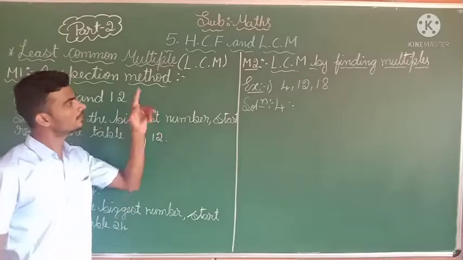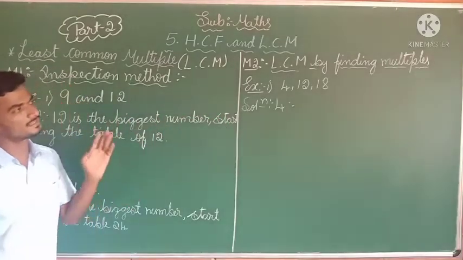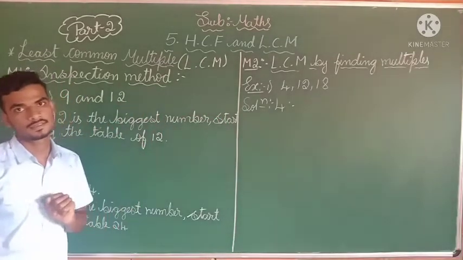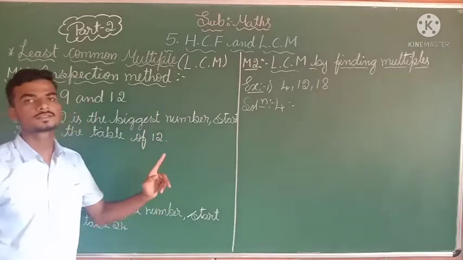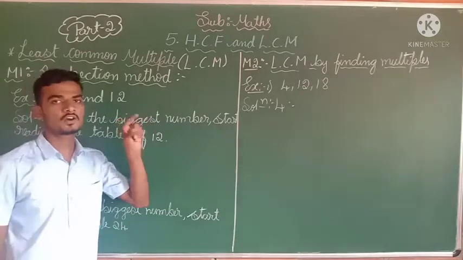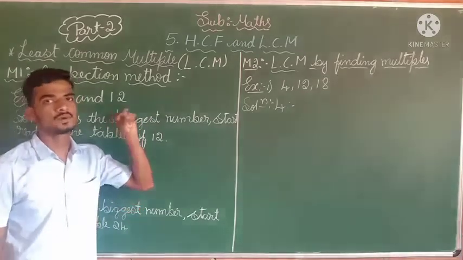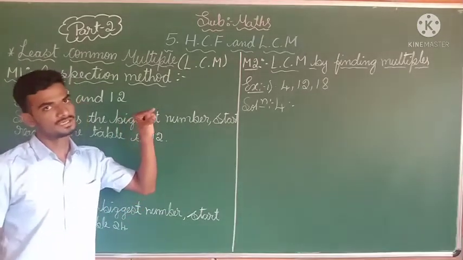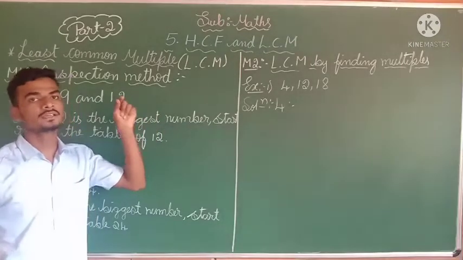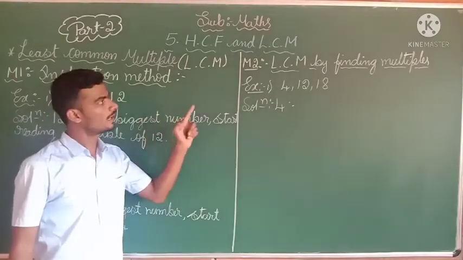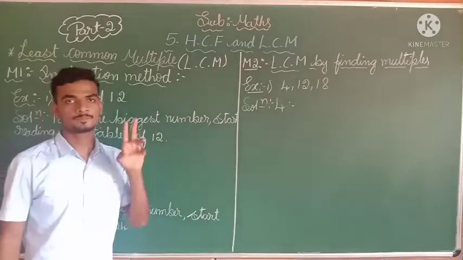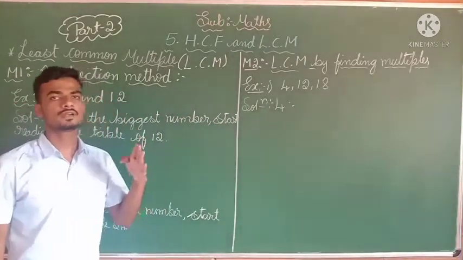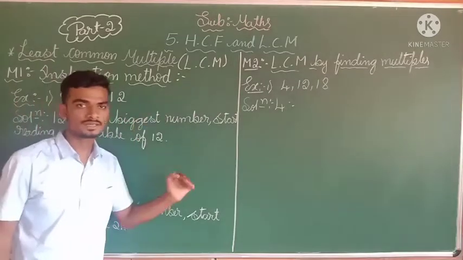Next, in the 9 table also we will see 36. In both tables 36 is present, so it is the least common multiple. It is the smallest common multiple we will find in the tables of 12 and 9. First we have to find out which is the biggest number, then start reading the table of that number.